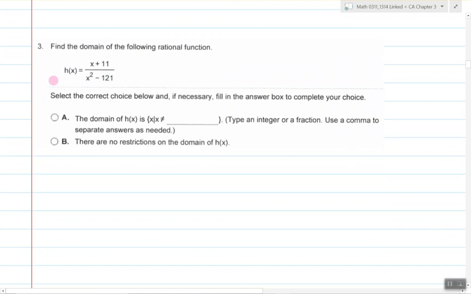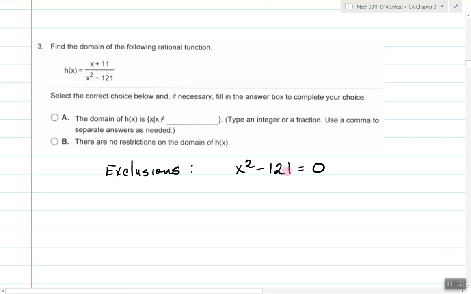Number 3, same type of question. Find the domain of this. So I will look for the exclusions. This time, when I have the denominator, which is x squared minus 121, equal to 0, I have to do the factoring.